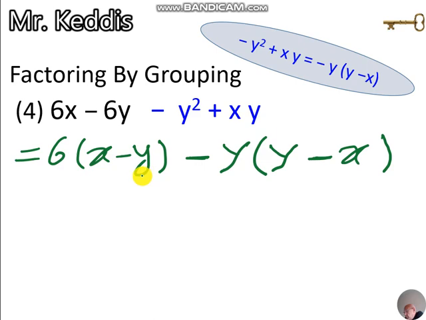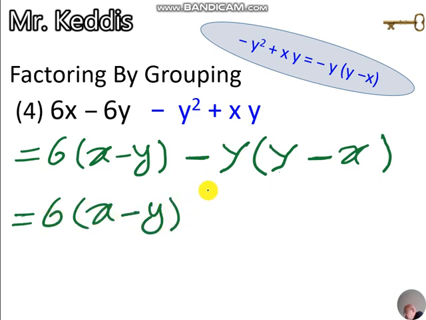This one is x minus y, but this one is y minus x. To switch this to x minus y, I multiply by negative 1. Equal under equal. 6 under 6, xy minus under minus, y under y. I'm going to replace y minus x by x minus y.